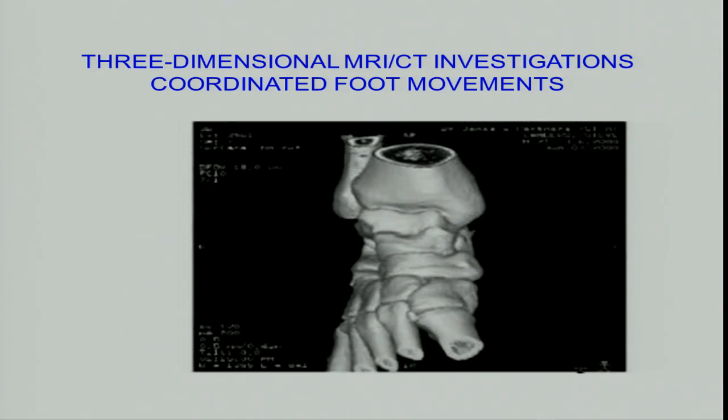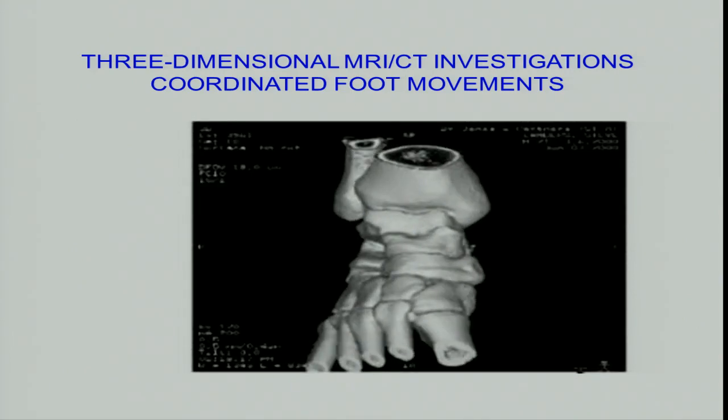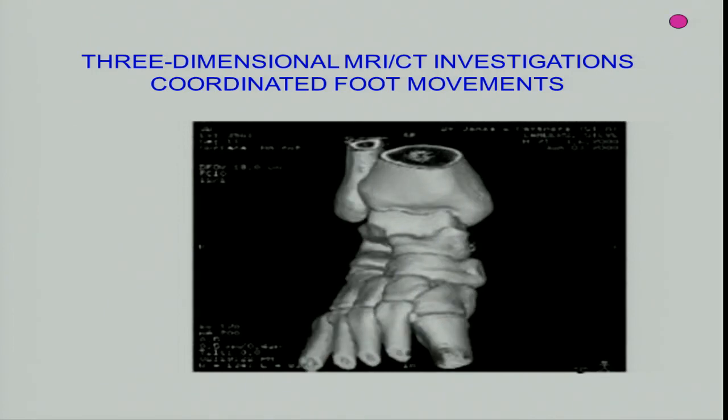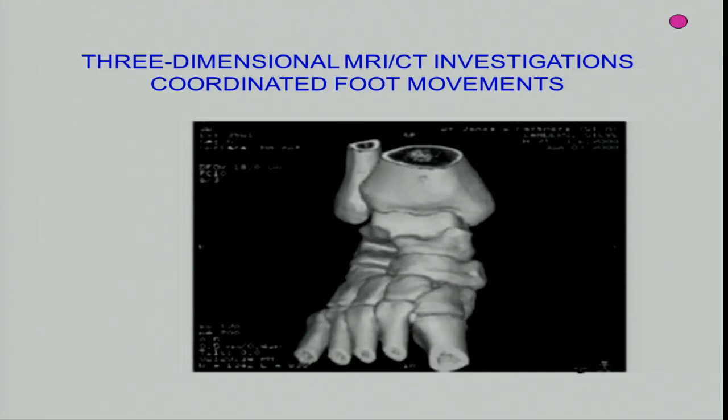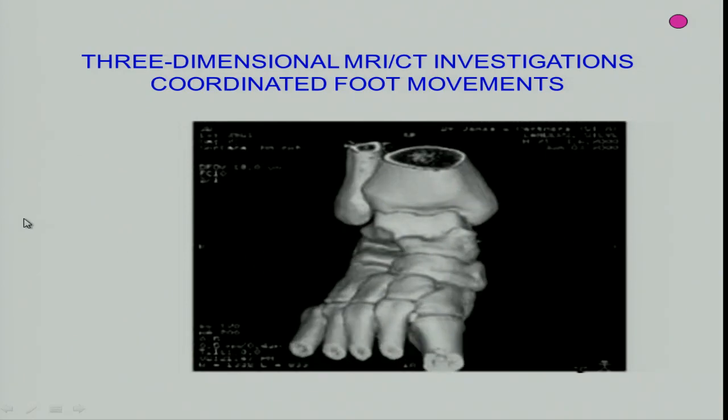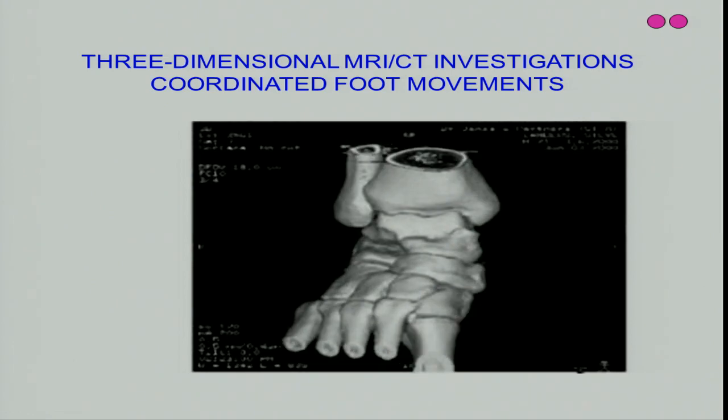And now we're going back to the pronated position. So the calcaneo-cuboid joint is being closed as the midfoot pronates, and you can see that the posterior joint articular surface disappears as the talus moves forwards relative to the calcaneus.